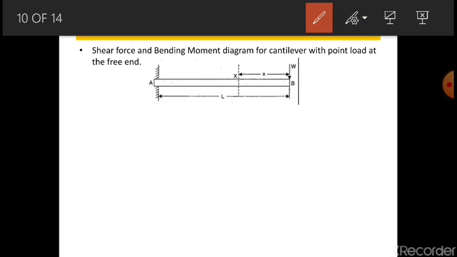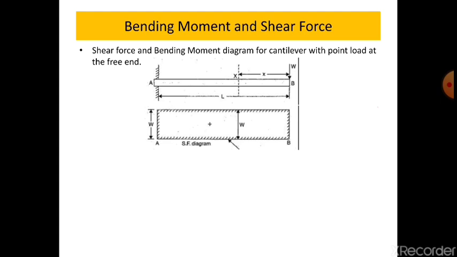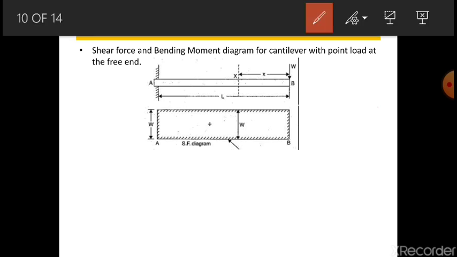Same way I have shown here, plus sign. From B, this is a baseline. From the base you have to mark W, and then it is constant throughout the length, and bring it down there.